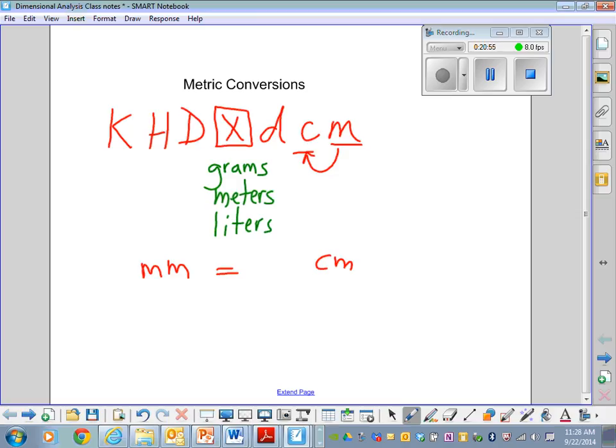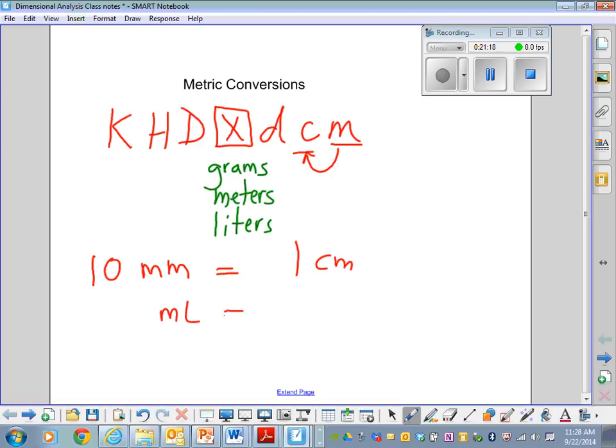Is that right? Now, is this the smallest unit? Yes. And is centi the bigger unit? Am I progressively going towards the bigger unit? So I'll always put 1 before the bigger unit. Is that clear? But then it's just one jump, which means it's a 10. 10 millimeters make a centimeter.